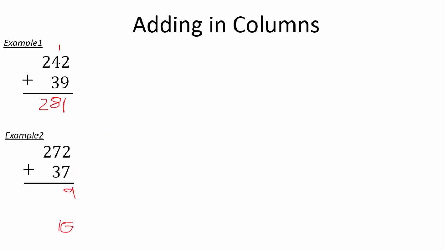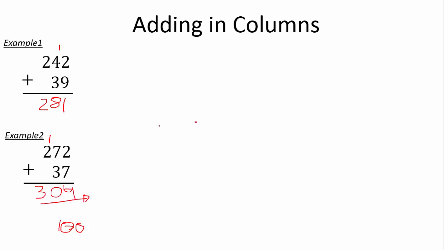Or this is, remember, 70 plus 30, which is 100. So that is the same as either 10 tens or 1 hundred. So we're going to put the 0 here and put a 1 above there, and we're going to add that 100 here. So 2 plus 1 is equal to 3. And that is equal to 309.